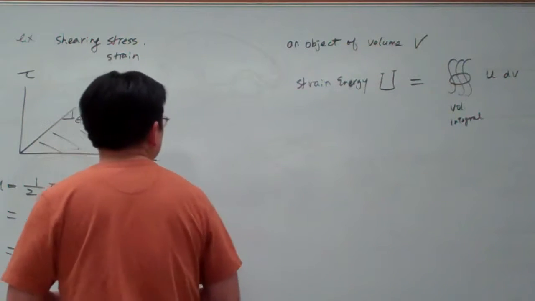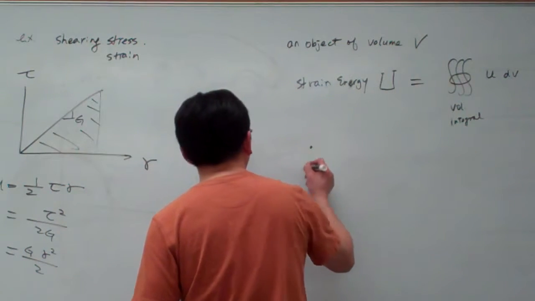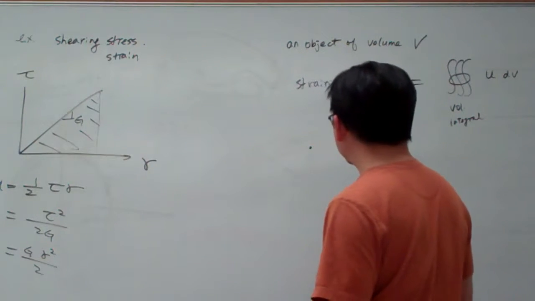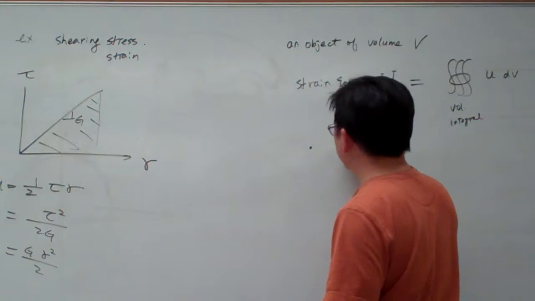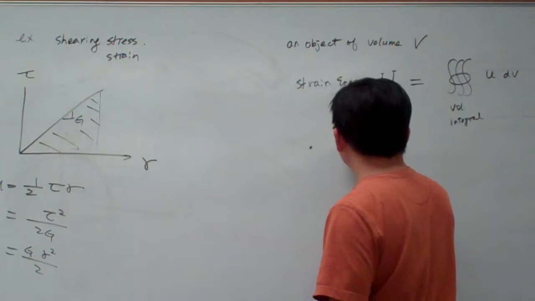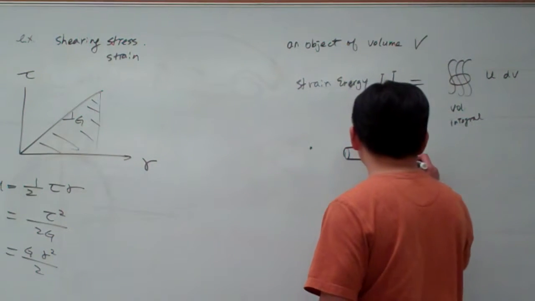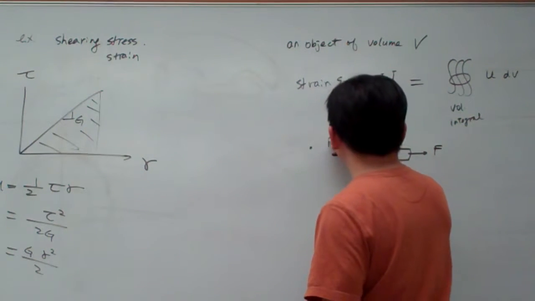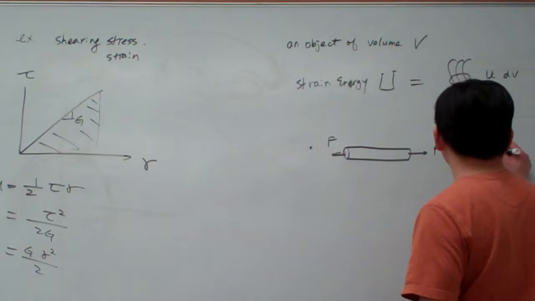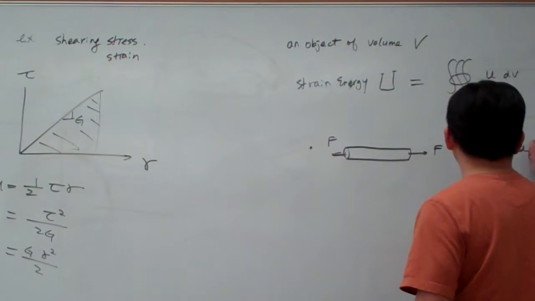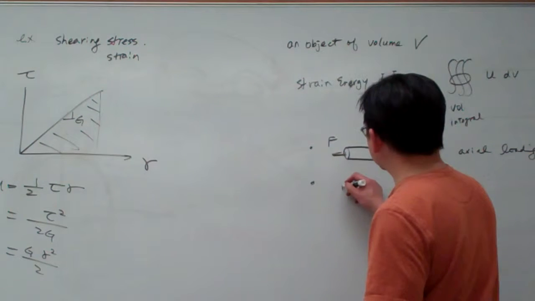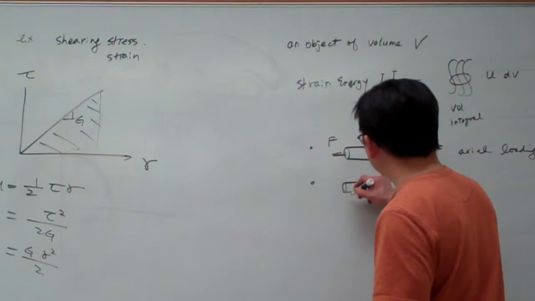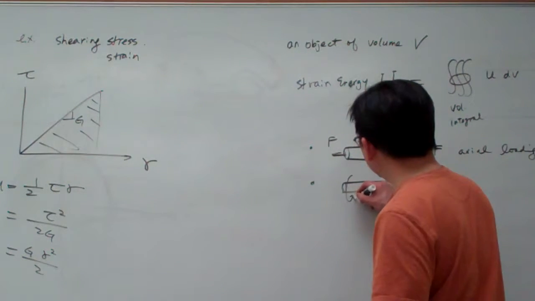Then in the remaining content we're going to see what the strain energy is for axial loading, which we dealt with in chapter 2, and what the strain energy density would be for torsion.